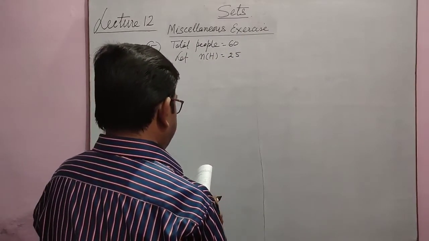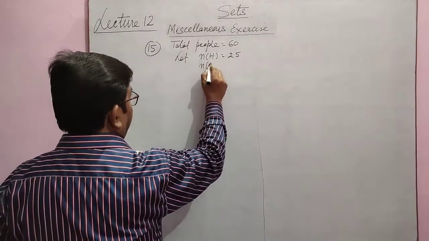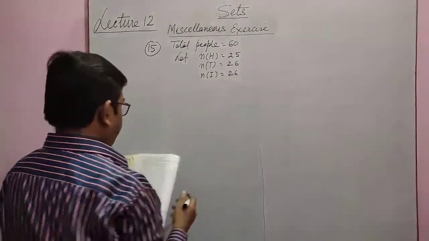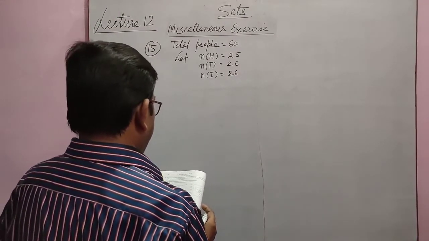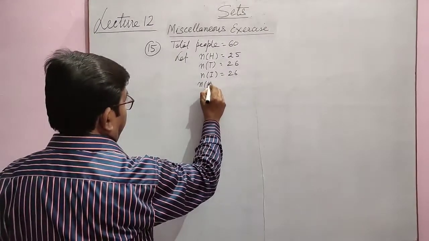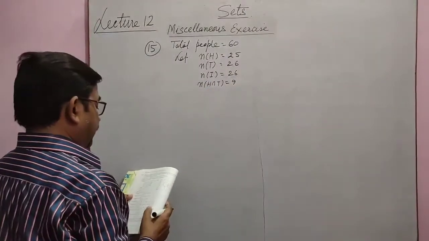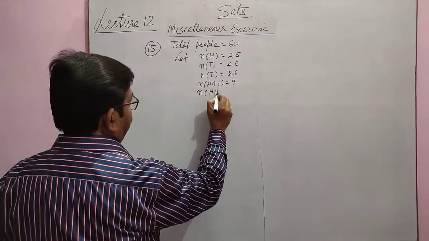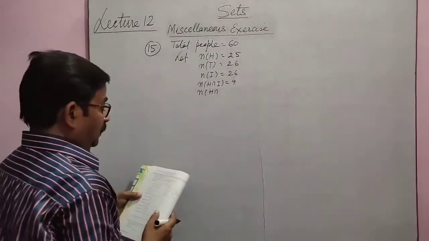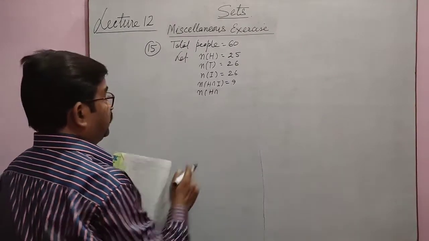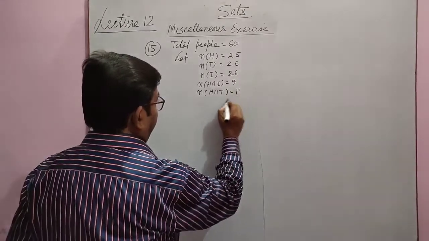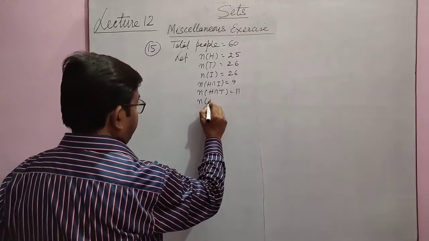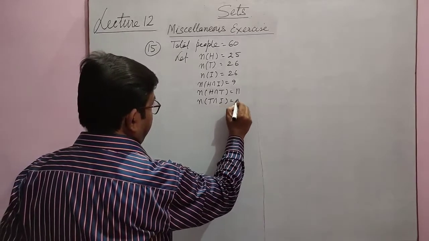Now 26 read newspaper T, n(T) is equal to 26, n(I) is also equal to 26. 9 read H and I, n(H intersection I) is equal to 9. 11 read H and T, n(H intersection T) is 11. 8 read both T and I, n(T intersection I) is 8.